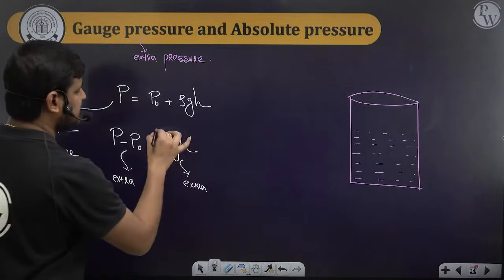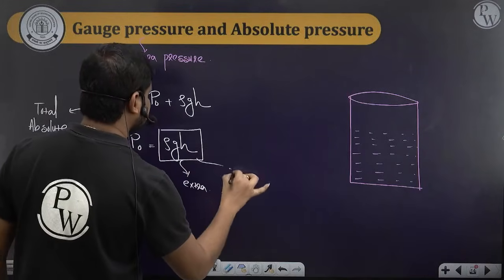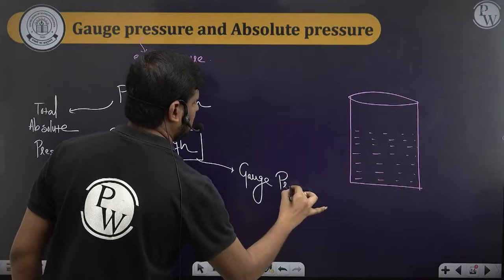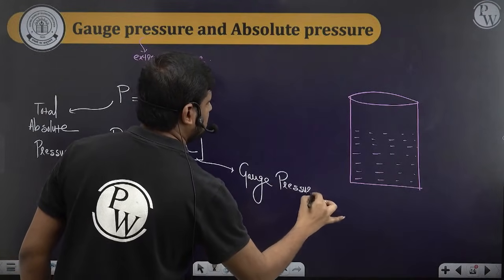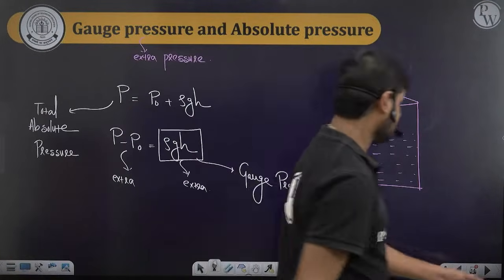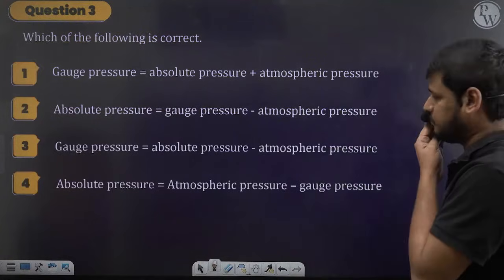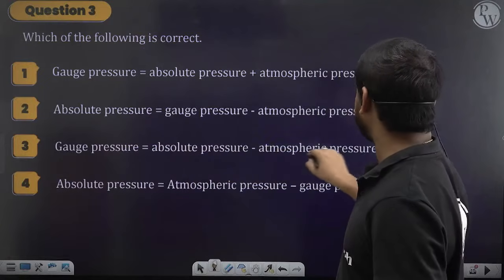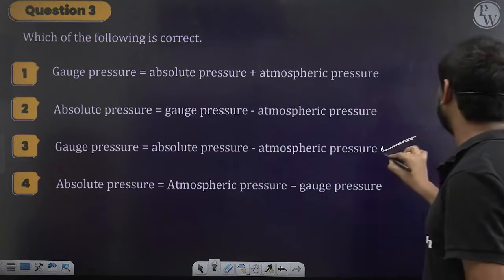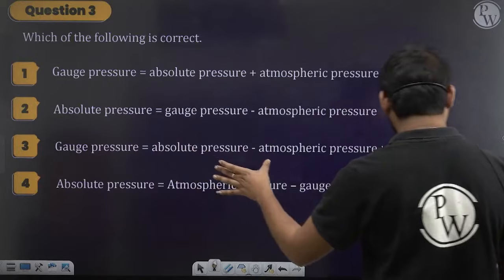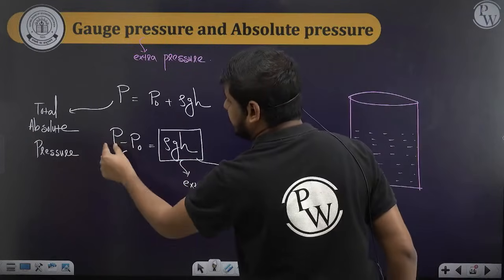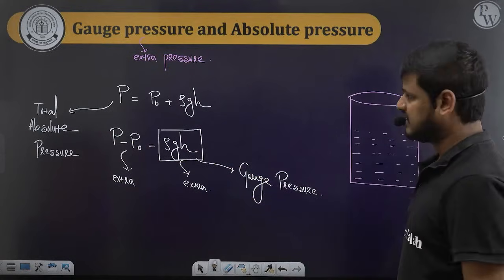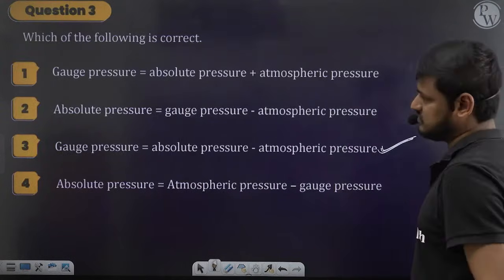This is the gauge pressure. Done? So the gauge pressure is equal to absolute pressure P minus the atmospheric pressure, option C. So option C is the correct one, guys.